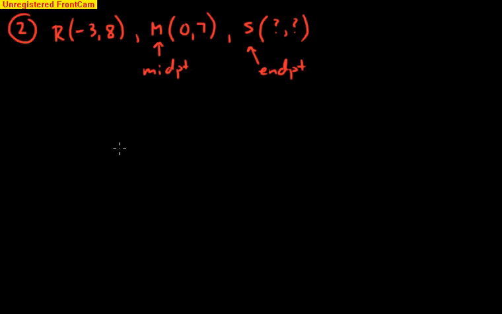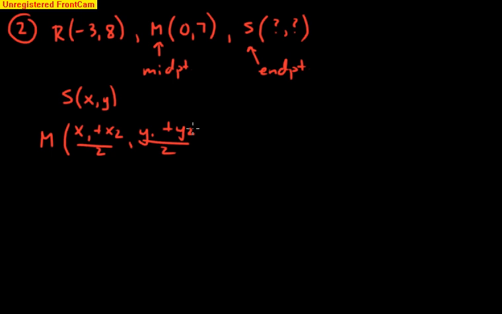Okay, so remember, to solve this problem, we let S have coordinates x and y, and we're going to use the midpoint formula with the endpoints just as normal. x1 plus x2 over 2, y1 plus y2 over 2.